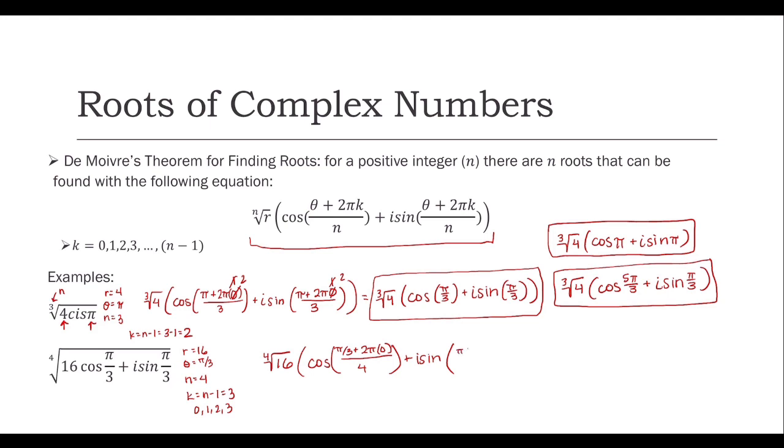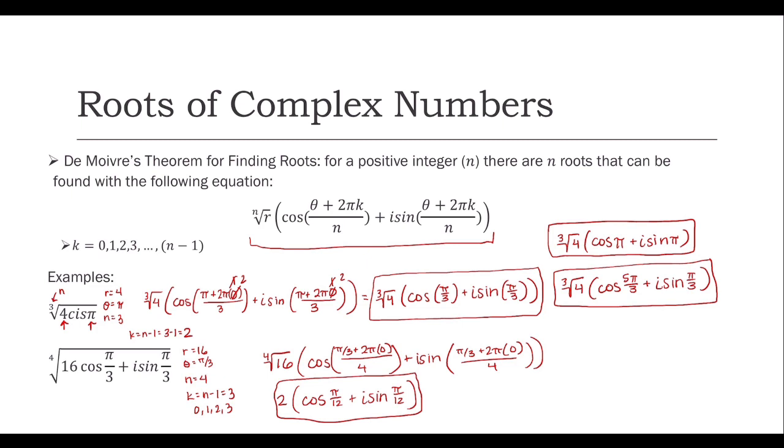So pi over 3 plus 2 pi times 0 over 4. So our fourth root of 16 is 2. Then we have cosine of pi over 3 plus 0, so pi over 3 over 4. So that's going to be pi over 12, plus i sine of the same thing. So there's our first root.